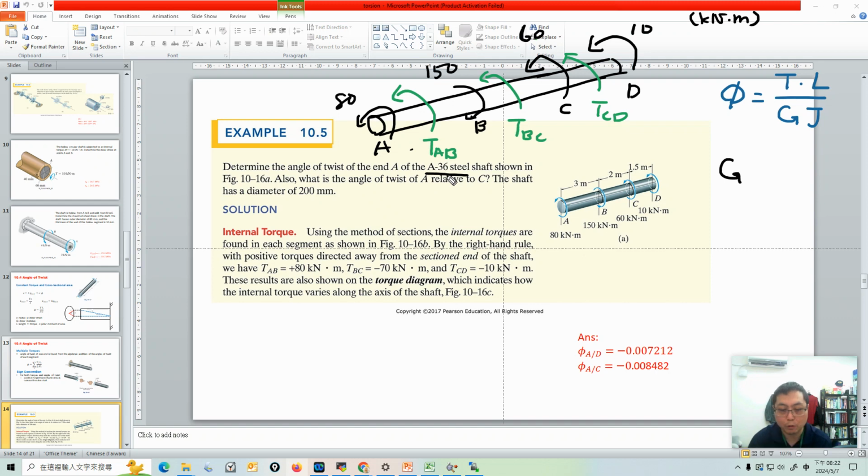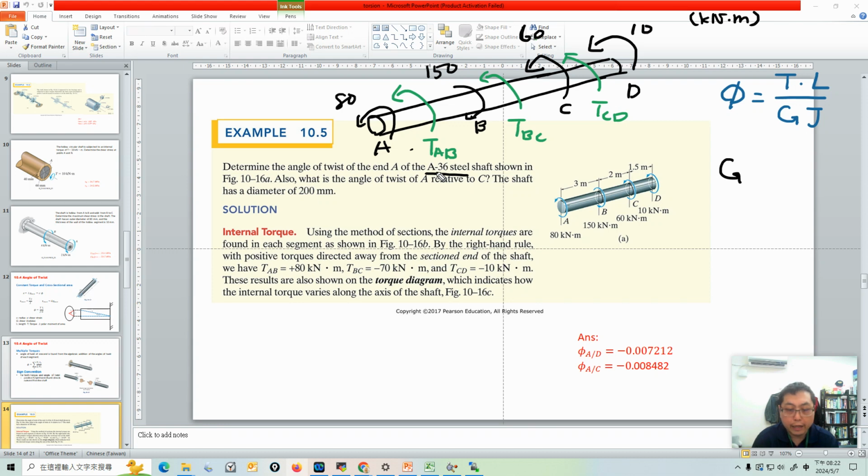In this problem you have to look up the chart to find the shear modulus. G is the shear modulus.